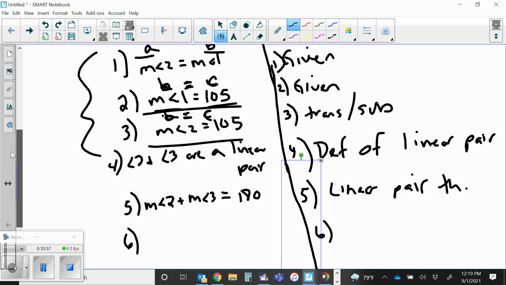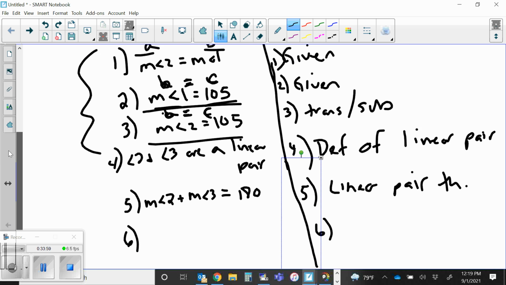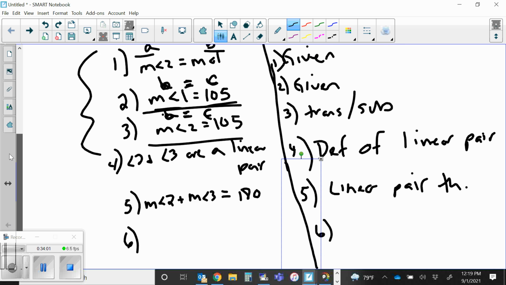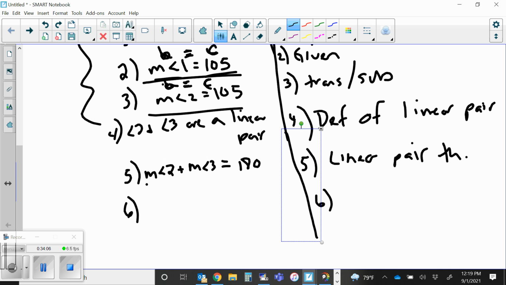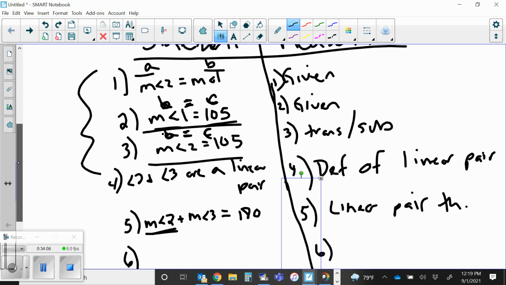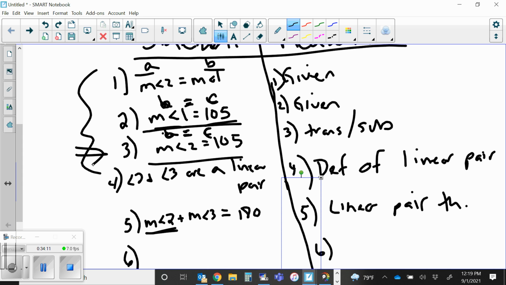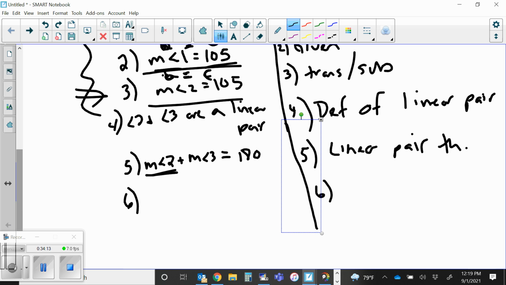We will do that later. What have we said about measure of angle 2? So instead of measure of angle 2, we can put 105 plus the measure of angle 3 equals 180. What allowed us to do that? When we have something and we take it out and put something else in its place. Substitution.